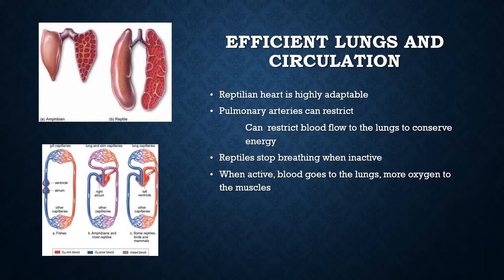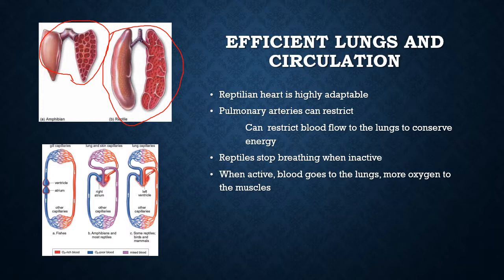So if you look at that top picture right there, you can see that the reptiles do have a larger set of lungs, and they're protected by a rib cage, whereas our amphibians don't always have that rib cage, and their lungs are much smaller. So it's just some very, very neat features about reptiles.